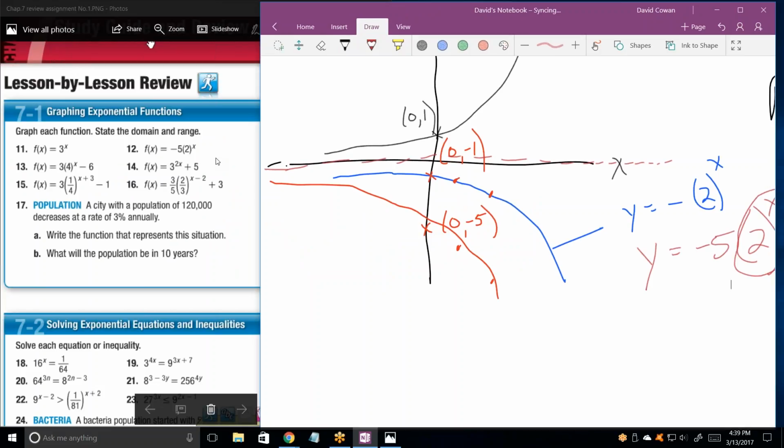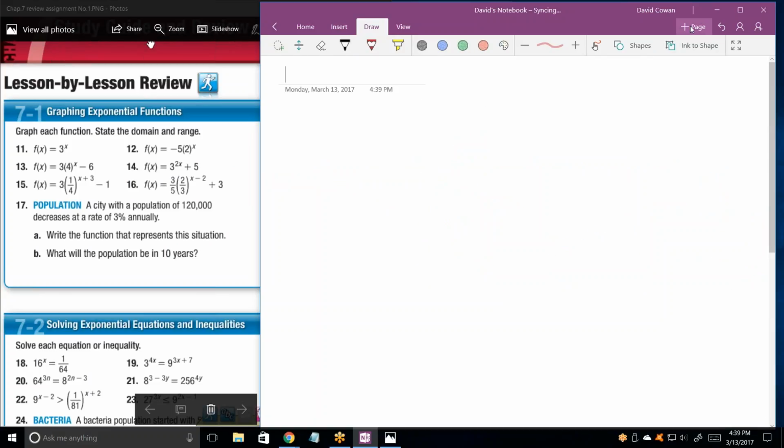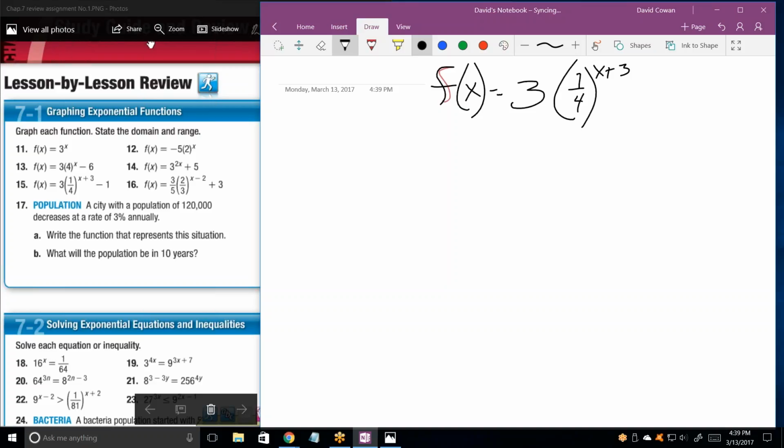What next? Next one is 15. This one has a lot going for it.